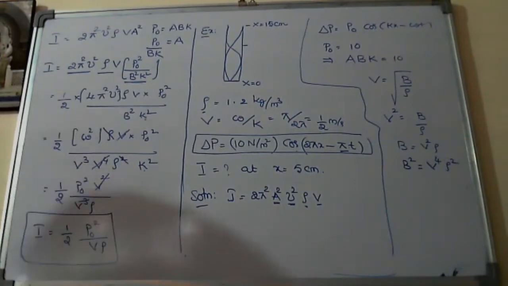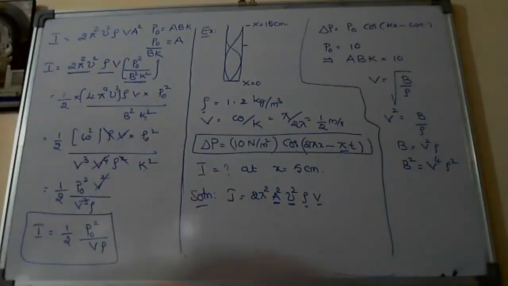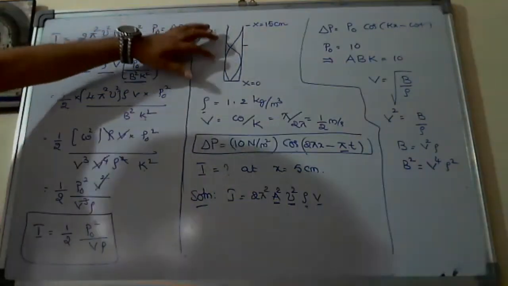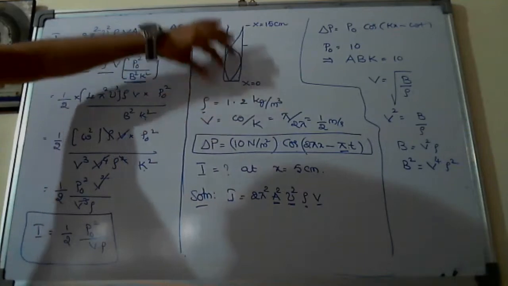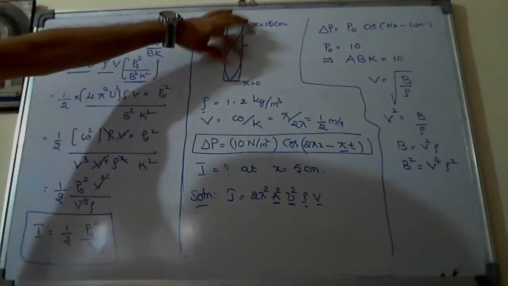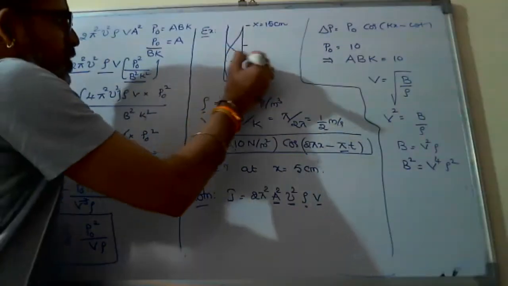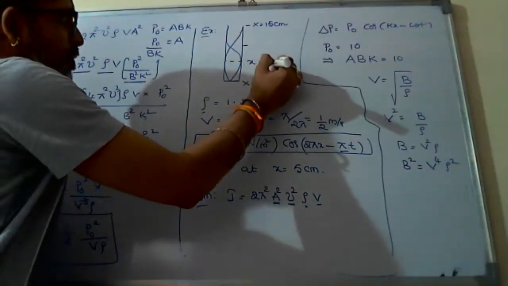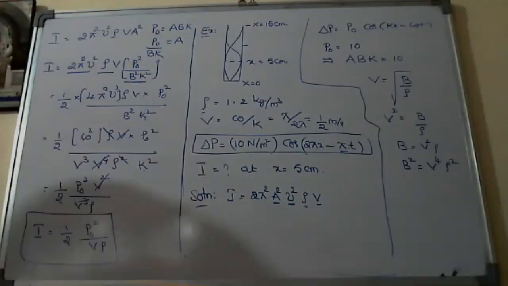Okay. So here, sir, intensity you can write in this form, sir. But here, look at it, x is equal to 5. Actually, is the pressure maximum or not? If you check exactly at x equal to 5, the pressure is not maximum.